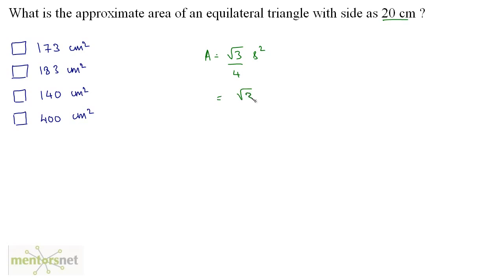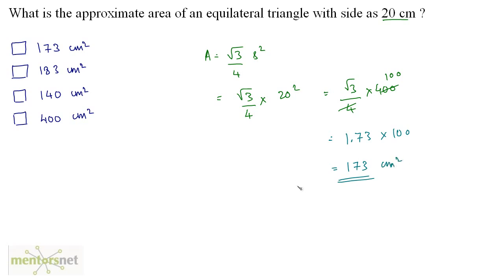So we have root 3 by 4 times 20 square, that's root 3 by 4 times 400. So 4 times 100 is 400. Okay, now what is the approximate value of root 3? Well, you should remember it is 1.73. So this becomes 1.73 times 100, so this is equals to 173 centimeter square. So this is the approximate value, option A.